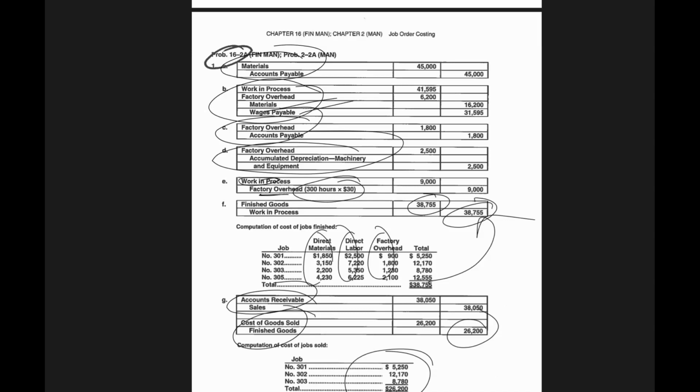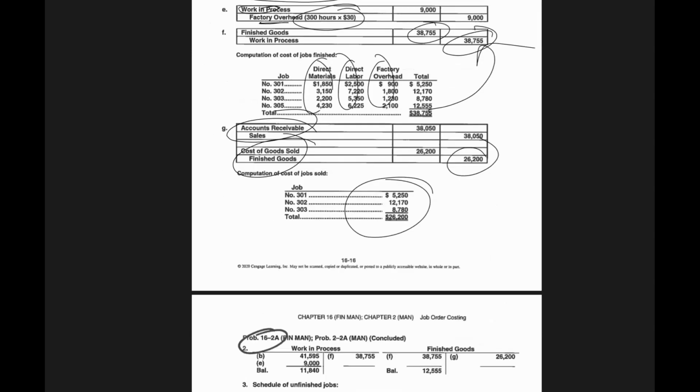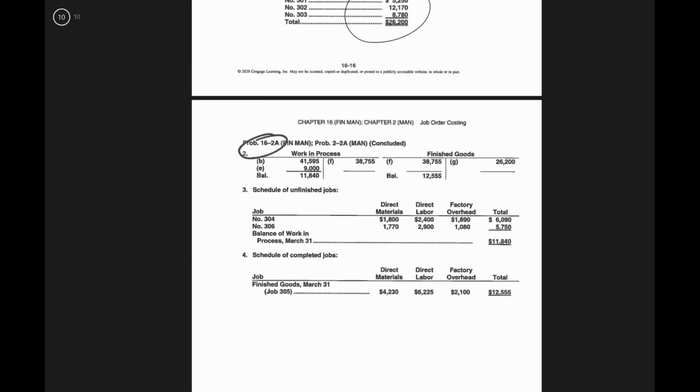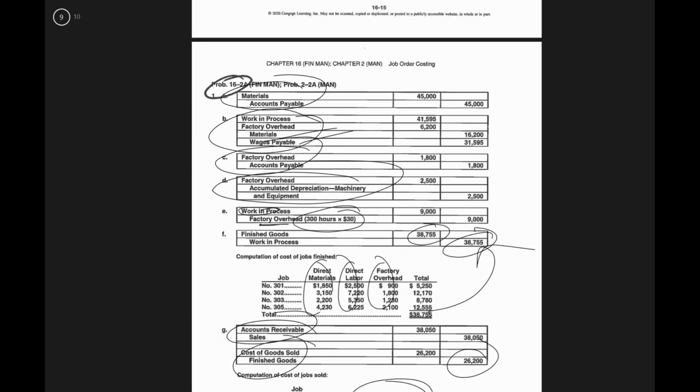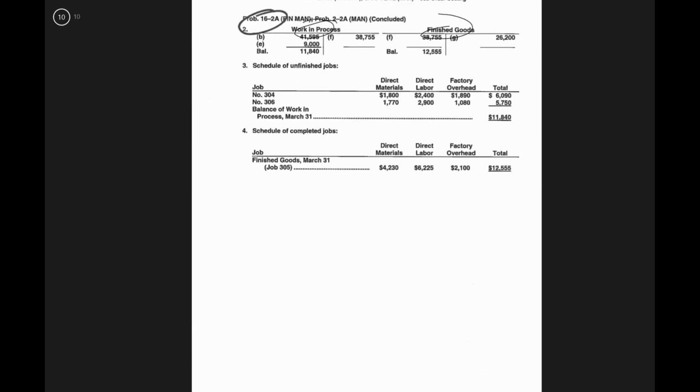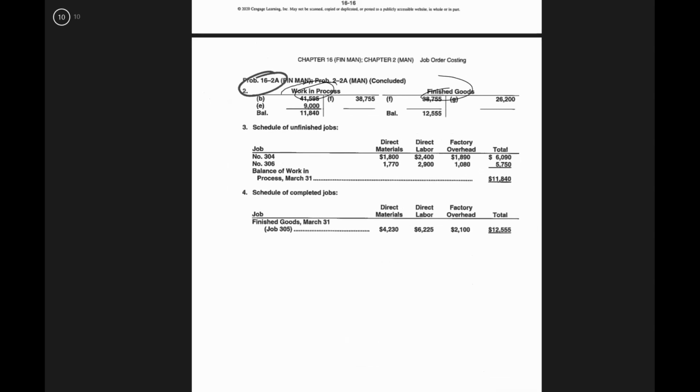All right, so that takes care of letter G. There's step 2, the T accounts for both WIP and finished goods. So based upon the journal entries that we're doing here, you can do the T accounts for just these 2 accounts, WIP and finished goods.